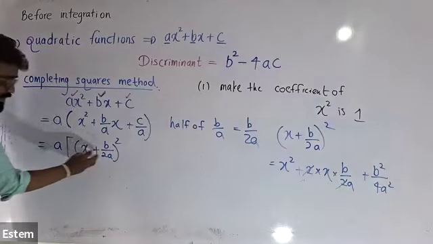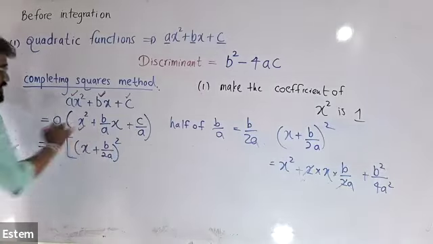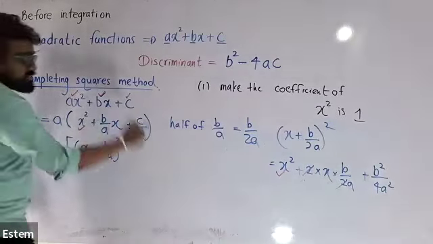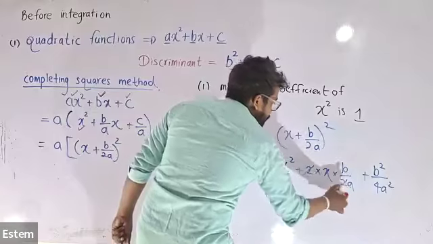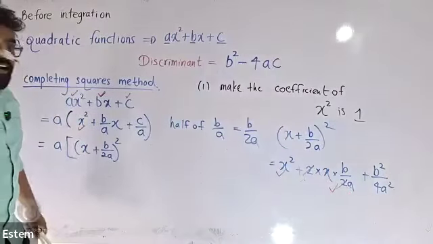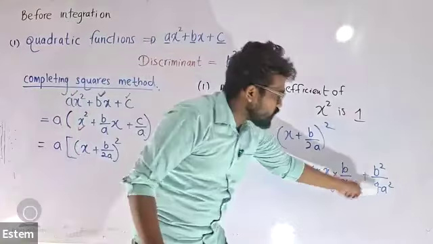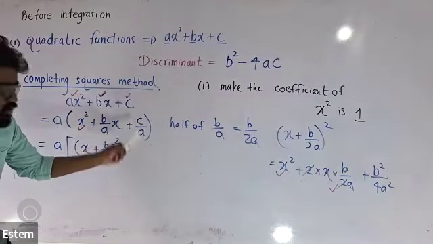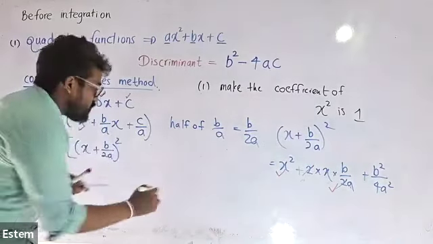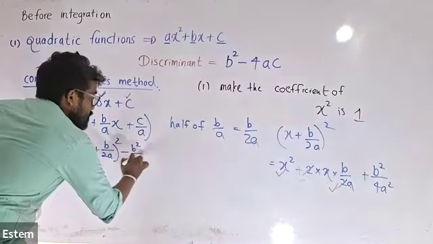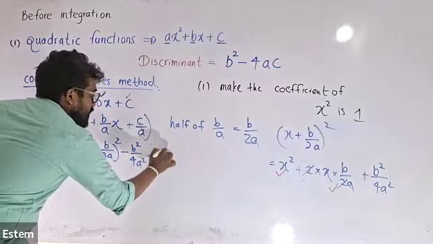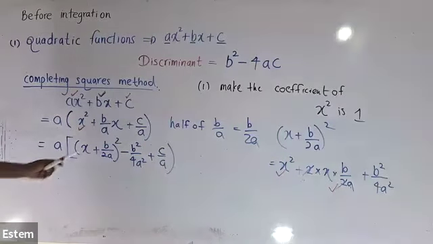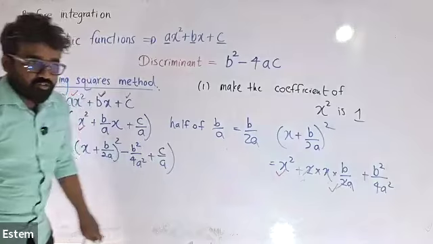When I expand this, x squared is coming, bx over a is coming. And there is an additional term, b squared over 4a squared, which is not here. It is also coming with this, so we have to subtract that. And don't forget about this c over a.